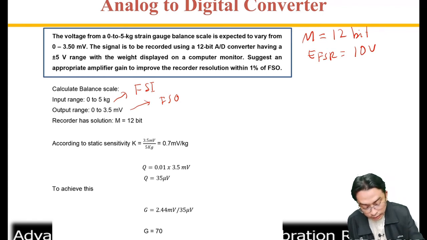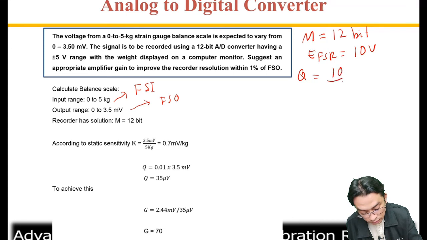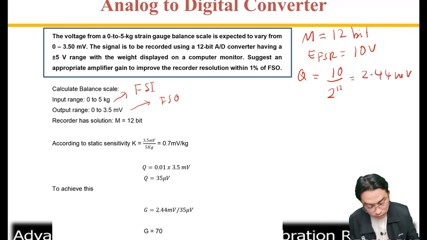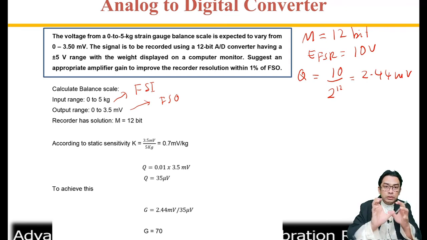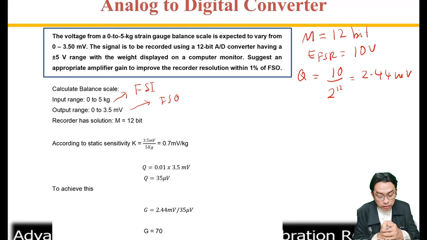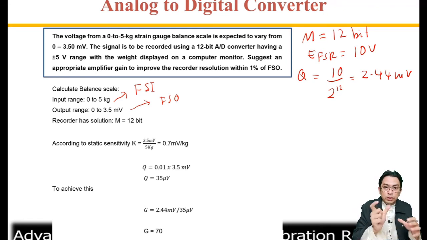So we can straight away calculate the Q. 10 divided by 2 power of 12 is equal to 2.44 millivolt. So for this case, Q, the smallest quantized value, is about 2.44 millivolt. The smallest resolution of the scale is 2.44 millivolt.